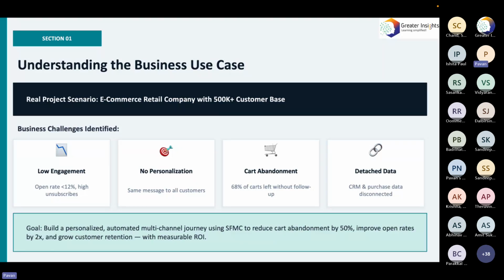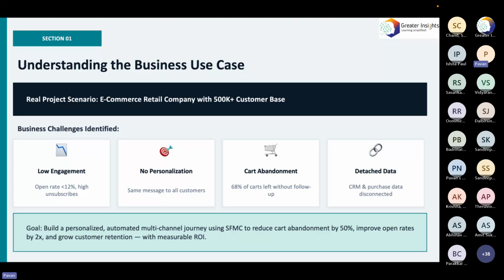Now, what is the standard for a good engagement rate? Currently in the market, anything between 20 to 24% is considered a good open rate. But in this case, the customers had about 12%.